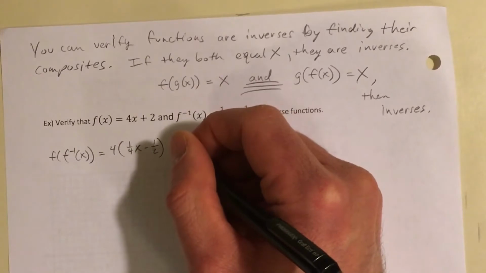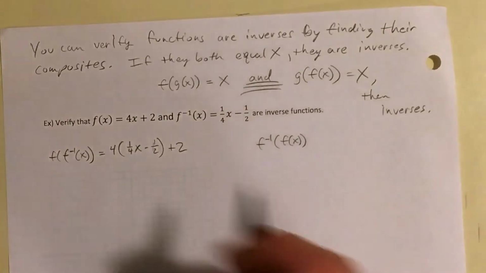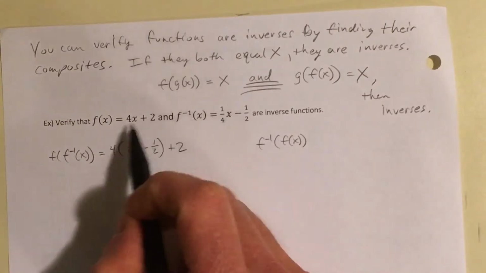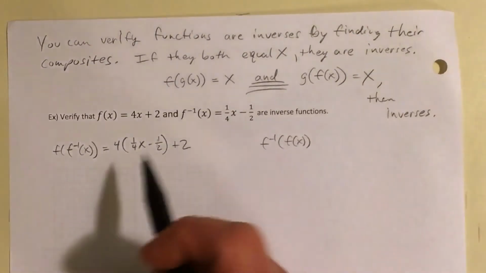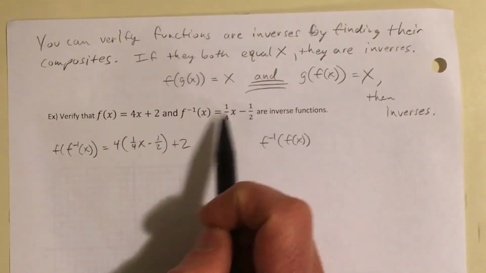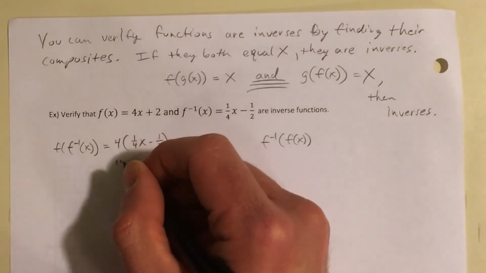And then close that parentheses, plus 2. Okay, so we're in luck. We only have one set of parentheses here because neither one of these functions started out with a parentheses. So I think we're in good shape. We put all of the inverse values in for x. And now it's a matter of order of operations.